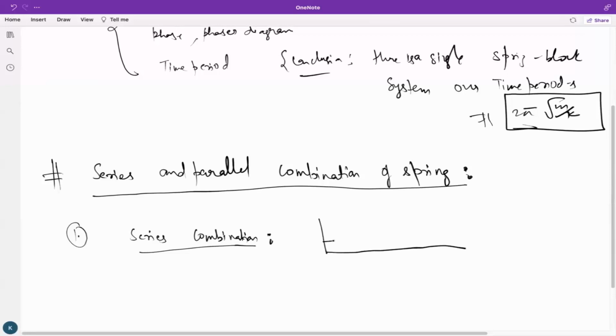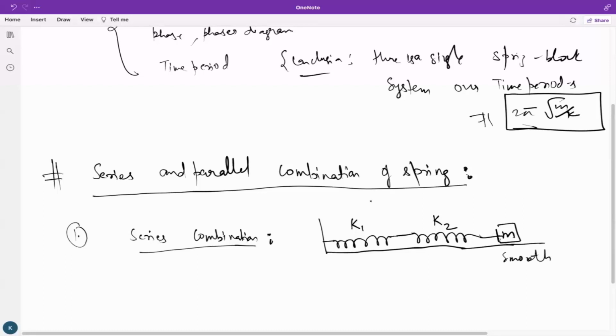There will be two springs connected end to end, with a mass. This spring has spring constant K1 and this spring has spring constant K2, let us assume, on a smooth surface. I hope you all understand what a series combination is.